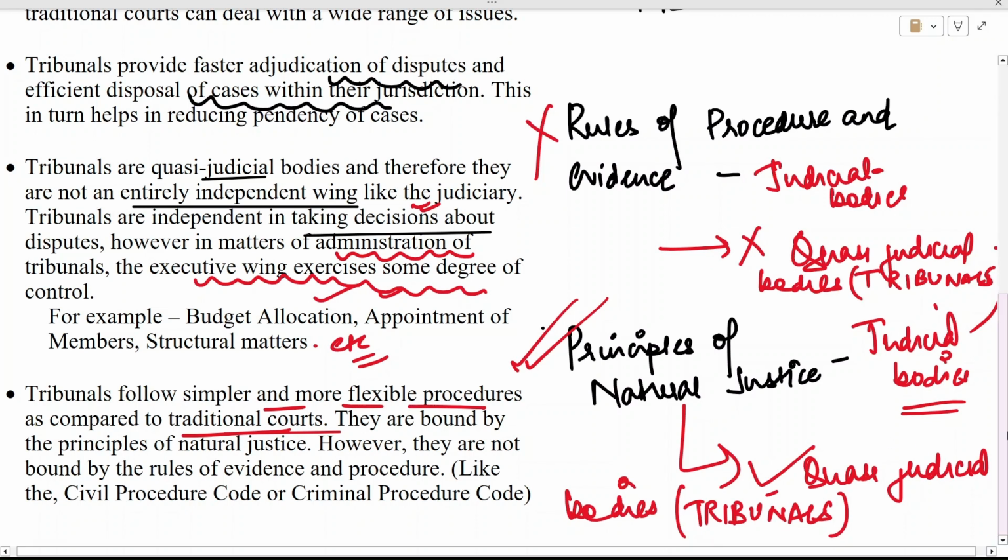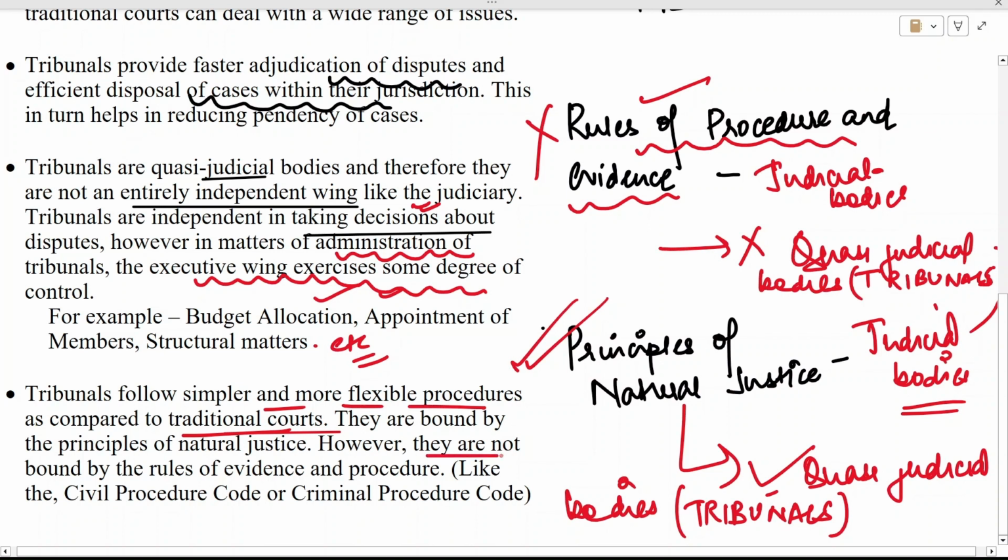But tribunals have a more flexible procedure because they don't have to follow these rules of procedures and evidence which courts have to follow. High courts, supreme courts, lower courts, they have to follow these rules of procedure also, and they have to follow principles of natural justice also. And that is why their processes are more complex and more stringent.